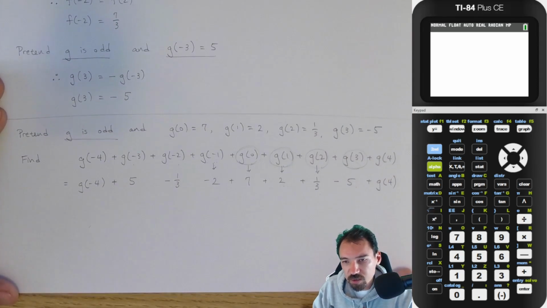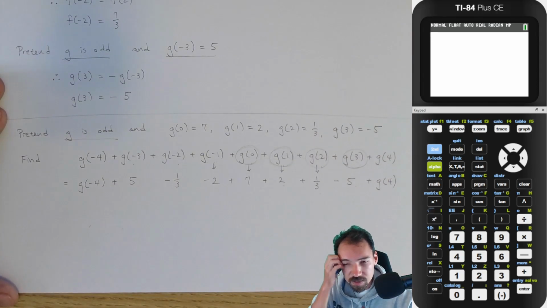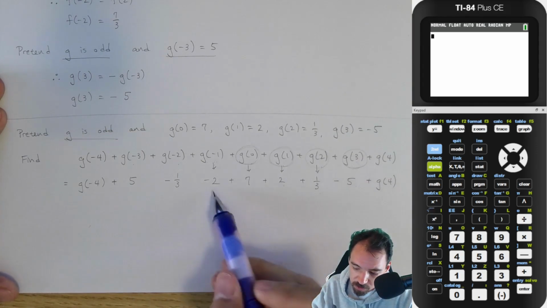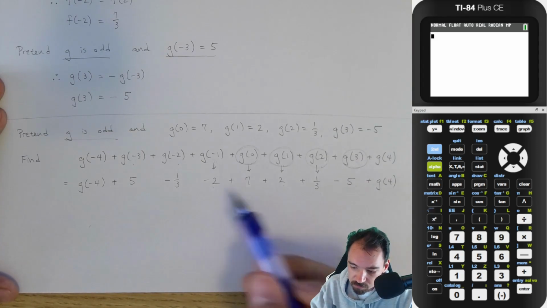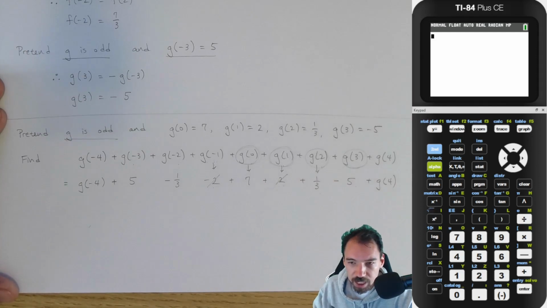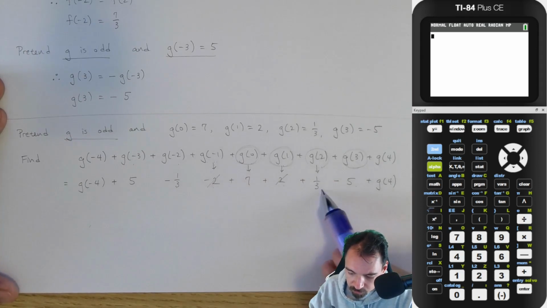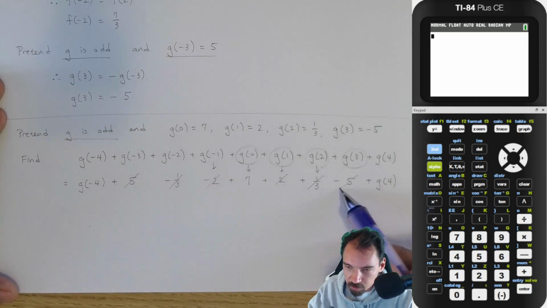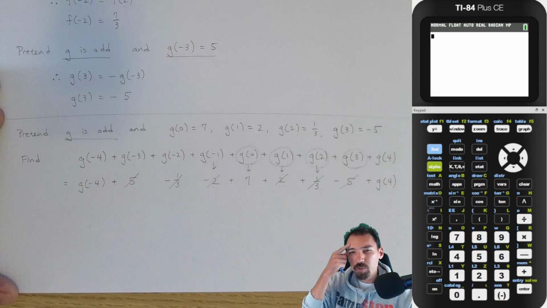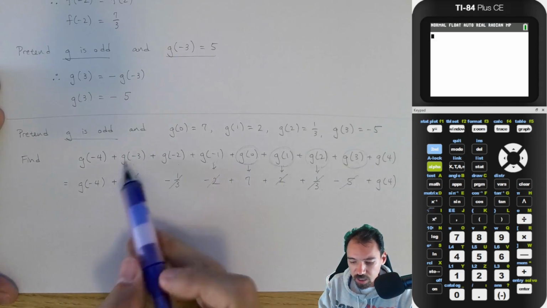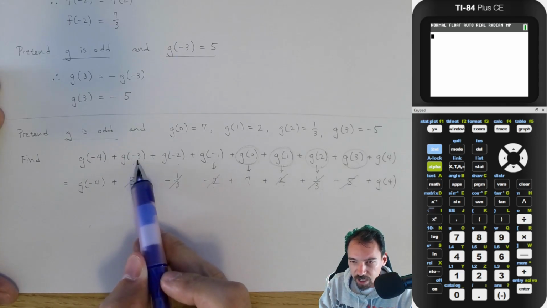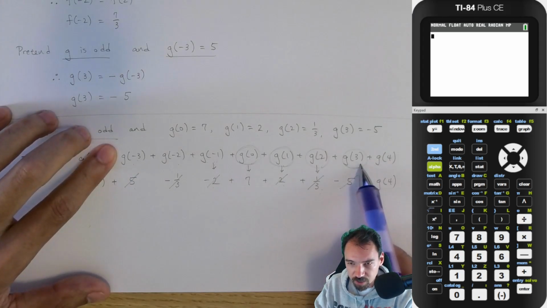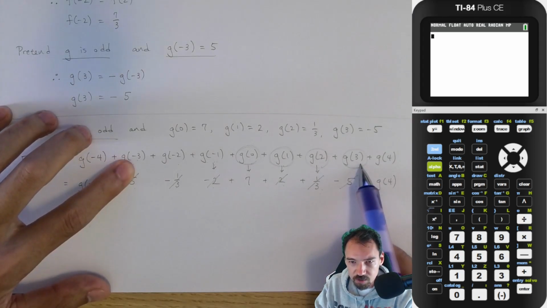So we start thinking about how to add these things together, and we notice something. Negative 2 and positive 2 will add and make 0. Negative 1/3 and positive 1/3 will add and make 0. 5 and negative 5 will add and make 0. Oh, wait, because anytime I do g of negative x and g of positive x, when the x's are negatives of each other, the y values are negatives of each other.